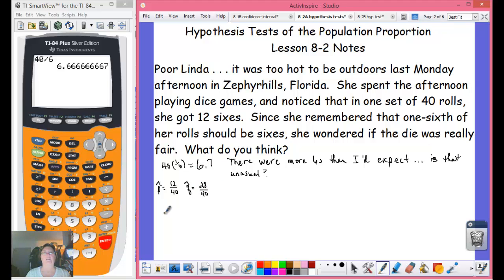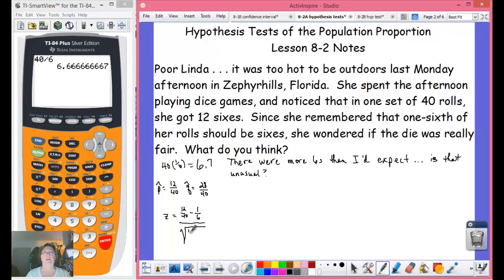How unusual is that? Let's figure a z for this. A z-score, as we know, takes the test statistic, which is 12/40ths. It subtracts the mean, or expected proportion in this case, which is 1/6. It divides by a standard error, since we're looking at a sample of 40. The standard error, I'm going to base that on what's believed to be true.